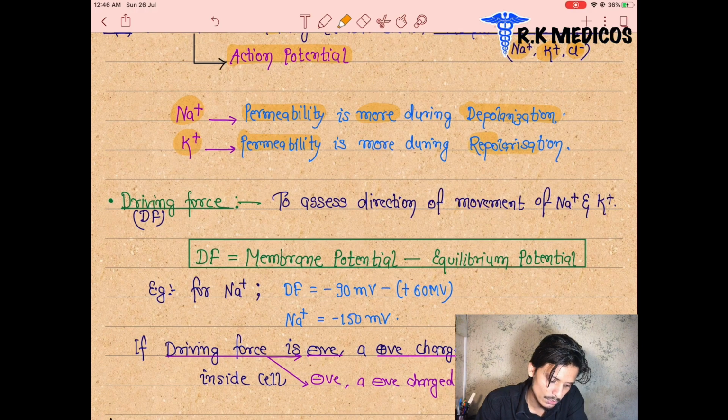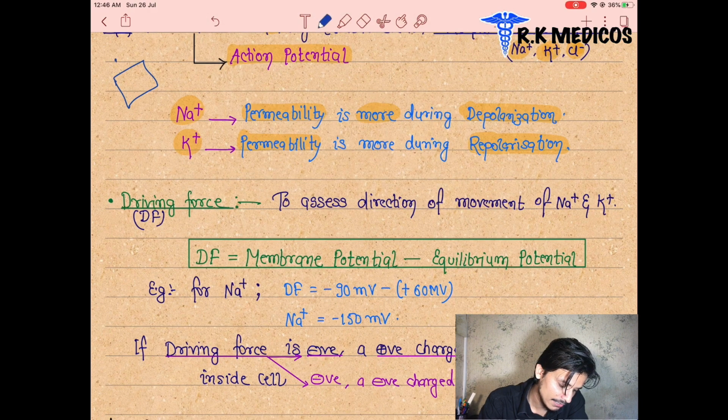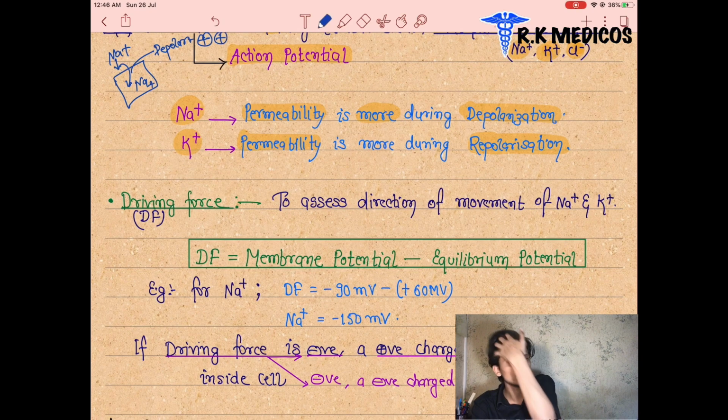It means, suppose this is the cell. The sodium is going to enter inside the cell, in the case of depolarization. The cell attains more positive charges. Inside the cell the positive charges increase, and the cell is moving into the phase of depolarization.